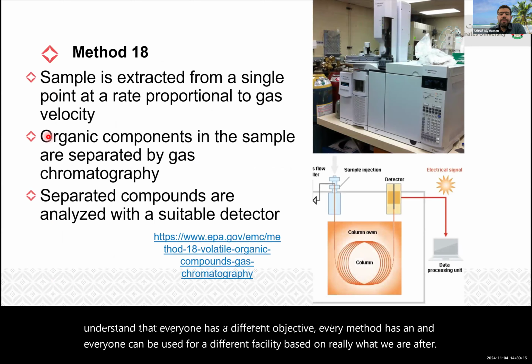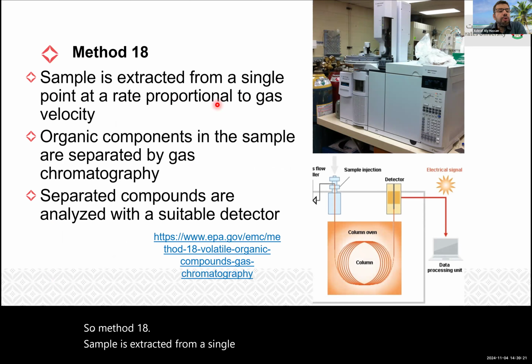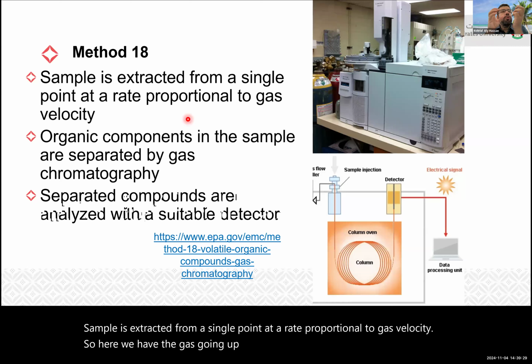So method 18: a sample is extracted from a single point at a rate proportional to gas velocity. So here we have the gas going up the stack, and we are collecting the gas at a specific flow rate.